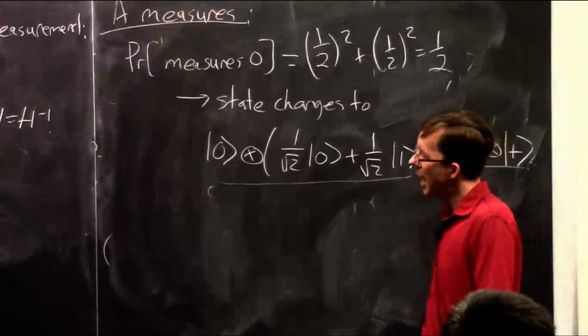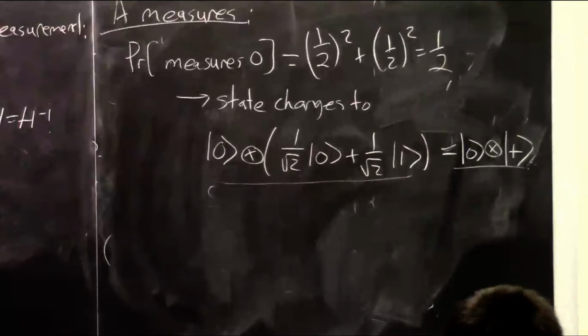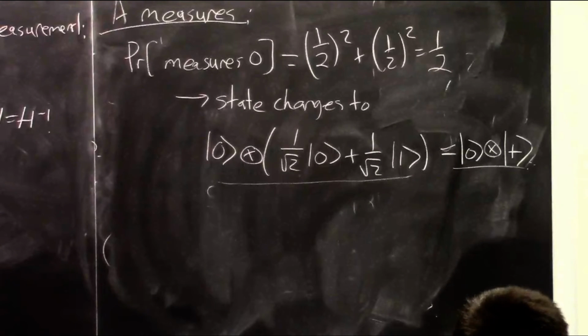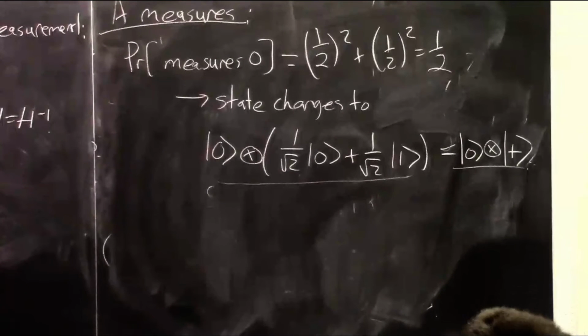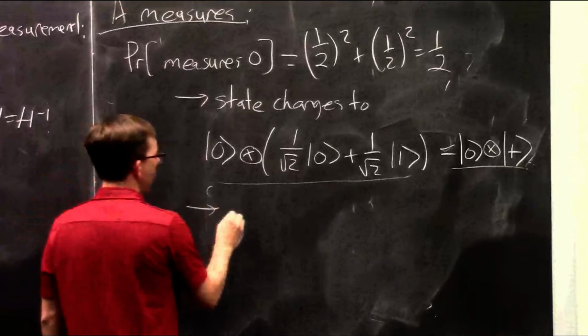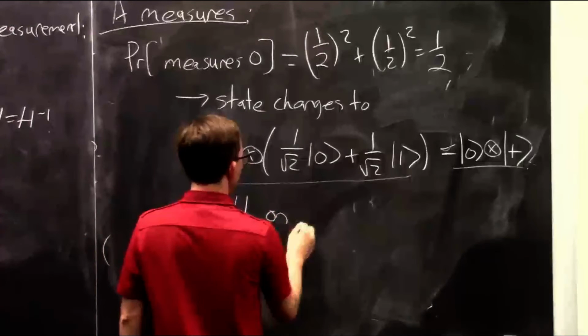tensored with plus. And by the way, since what she's trying to do here, this was all in an effort to simulate a measurement in the plus or minus basis, then when this thing pops out 0, she really says, oh yeah, that means plus. Right? And then remember, what is the last thing she does, in this case, Hadamard on the first qubit?